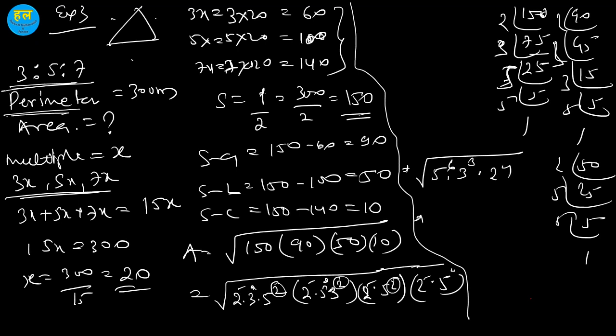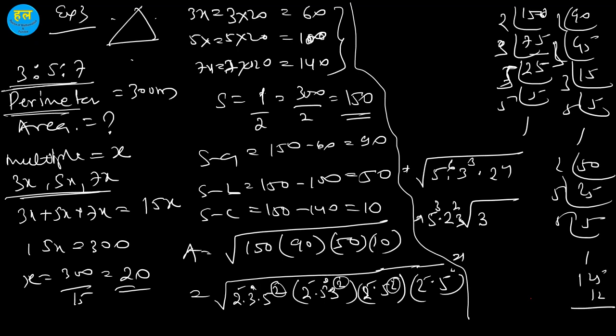So we'll take out even terms, 5 to the power 3 and 2 to the power 2 and 3. What is left on the inside is 3. Here it is 125 into 4 into 3, 125 into 12.